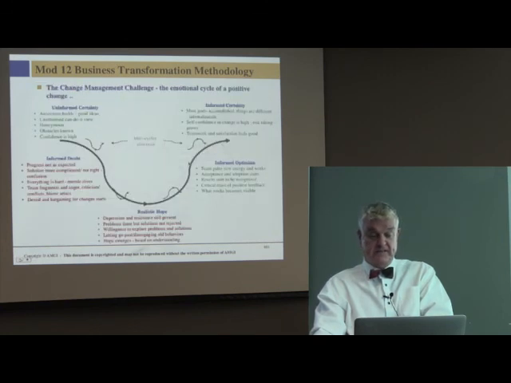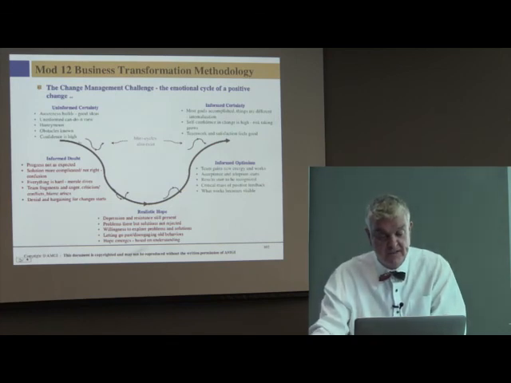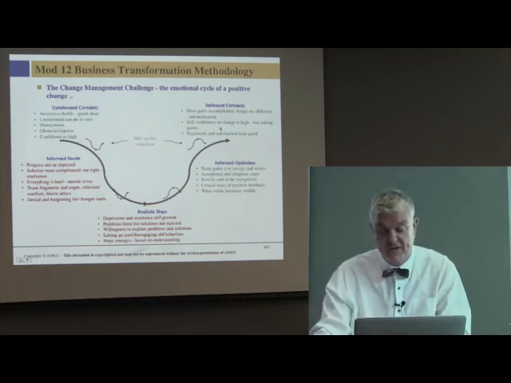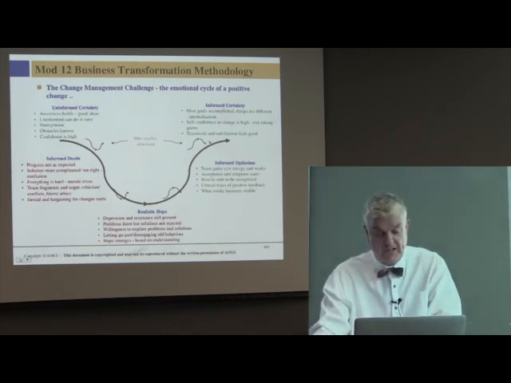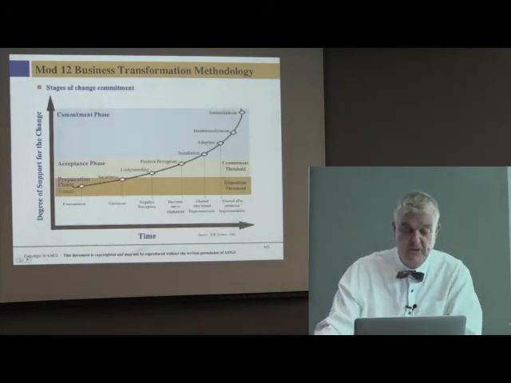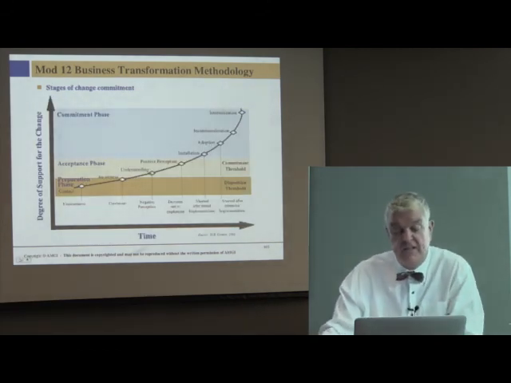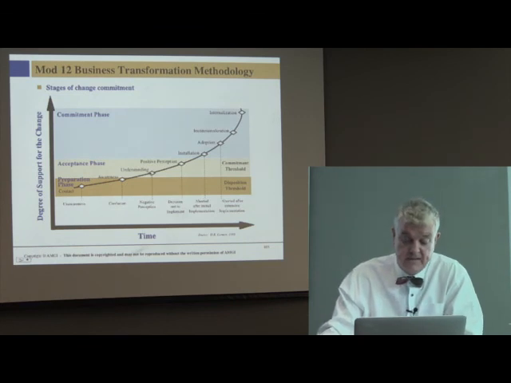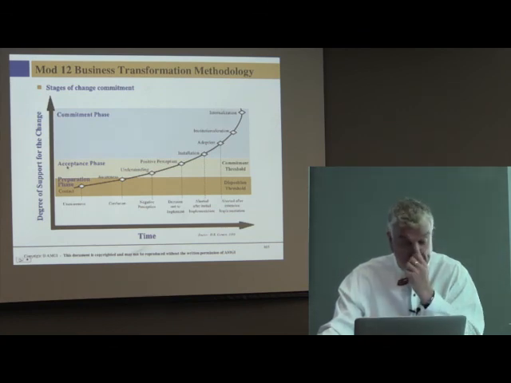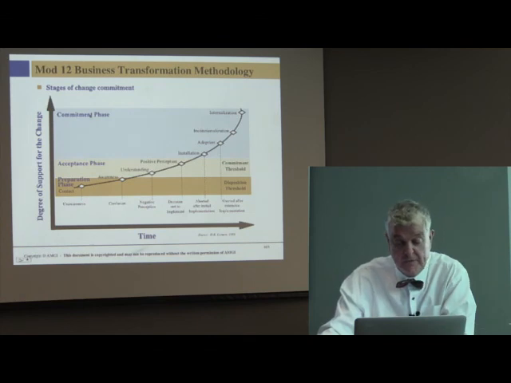This one here. There's the change management curve on informed certainty. Informed certainty, this is the emotional ups and downs. And we'll go through this. Again, I cover this in great depth in the other APS programs, but you still have to know about it. So here's basically the preparation phase for a change. This is the acceptance phase. This is where people are committed.